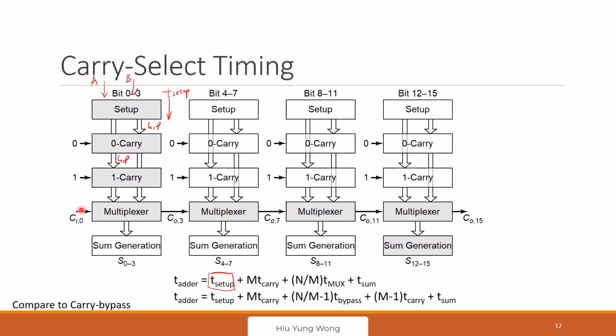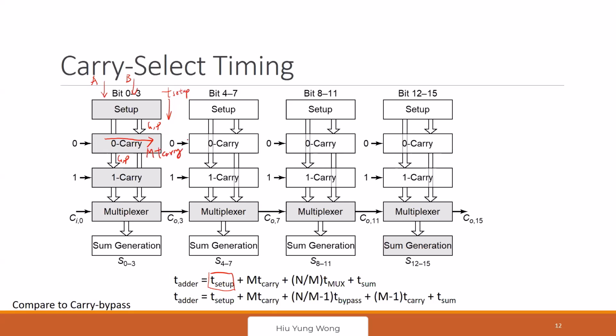And then now the carry in, right? If carry in is 1, then I select the 1 carry. If carry in is 0, then I select this one because I already have the answer. So I need to propagate through here, right? But before that, let me also say, when you do this carry, of course, here you have 4 bits, you get M times T carry, right?